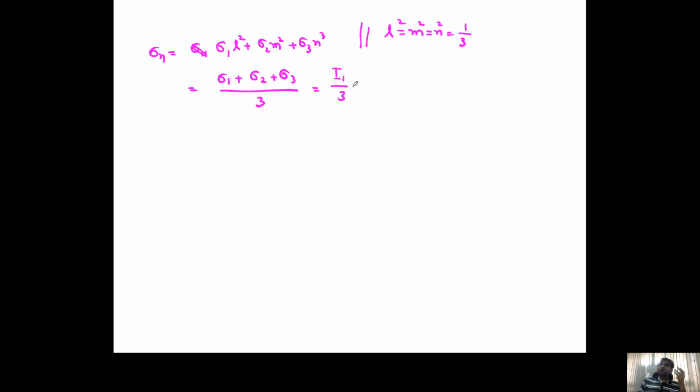You remember I1, the first stress invariant, which was defined as the trace of the stress matrix. So this is your octahedral stress.